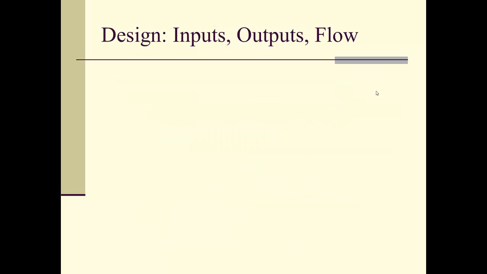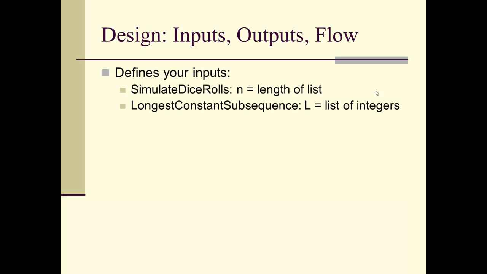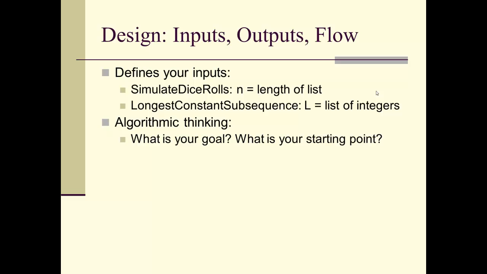We want to design with inputs, outputs, and flow. Inputs for simulate dice rolls is going to be the length of the list that we want as the output. Longest constant subsequence, the input is going to be a list of dice rolls. We want to think algorithmically. So what is our goal? What is our starting point?